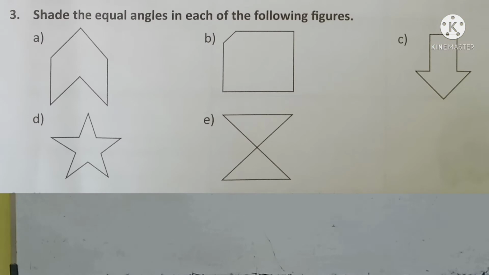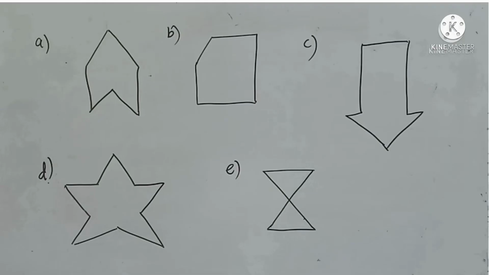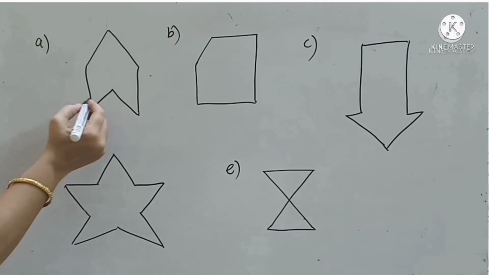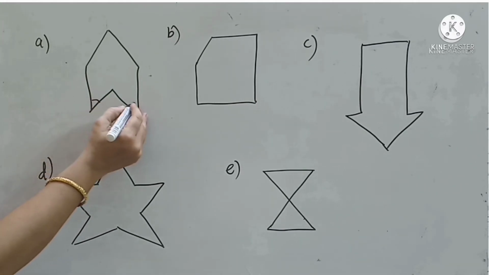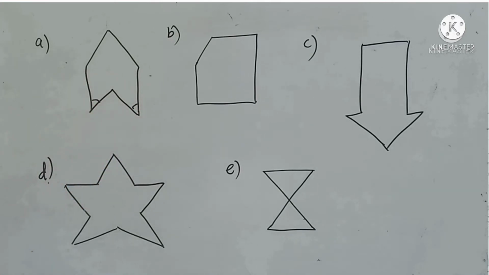Third question, shade the equal angles in each of the following figures. So here we can think about lines of symmetry. Using lines of symmetry, we can identify equal angles. So here these two angles are equal. If you want, you can use different colors.